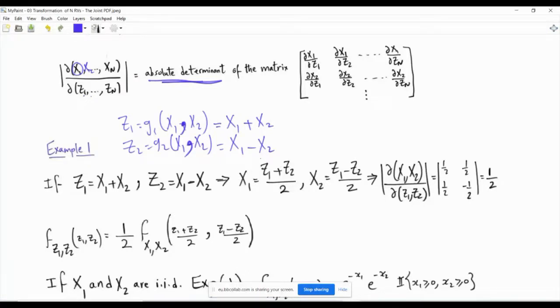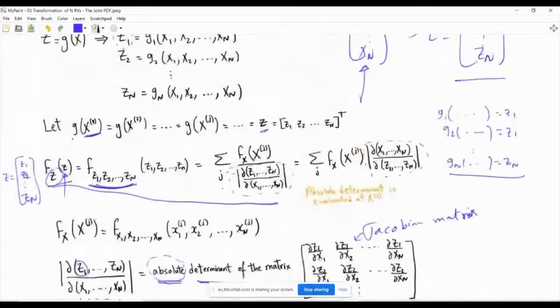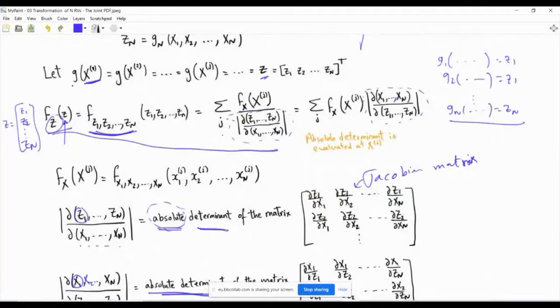Now what we do is, let's start with the Jacobian. Again, you have two forms. You can compute this Jacobian matrix or that Jacobian matrix, and then take its absolute determinant. Sometimes this is easier, sometimes that is easier, sometimes the level of difficulty is almost the same, and you can go for any one of them.